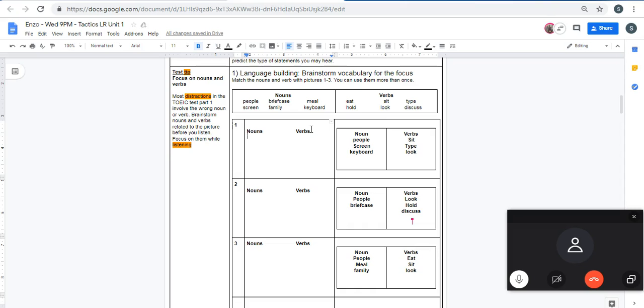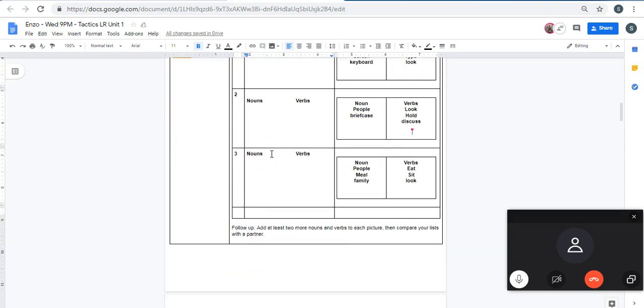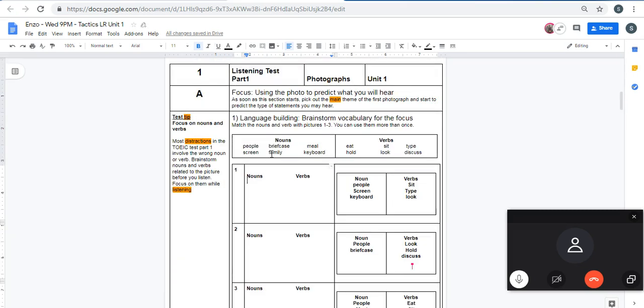So this is what we're going to do then. I'm going to give you 1 minute for each photo. Would that be reasonable for you, or should it be 2 minutes for each photo? What do you think?